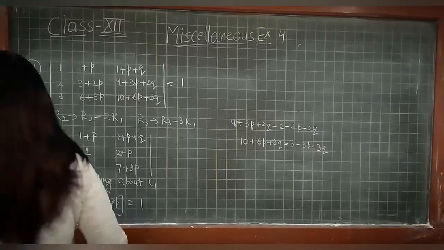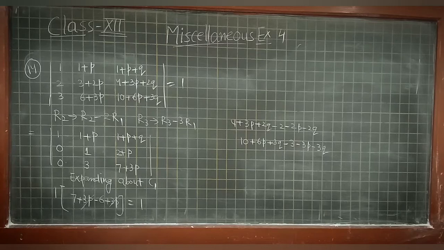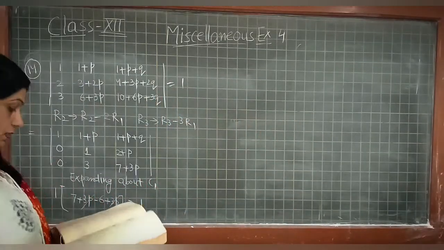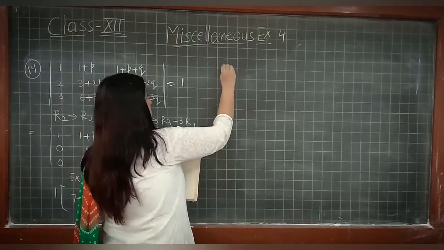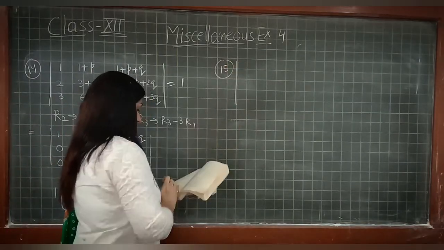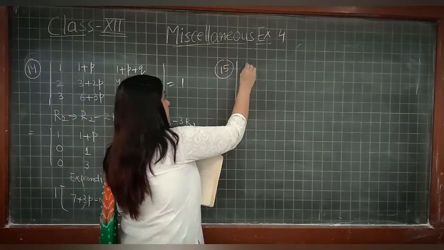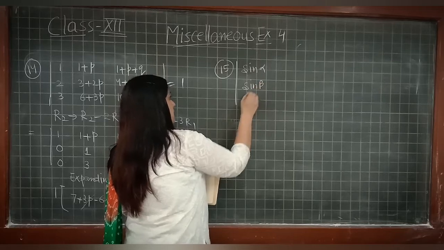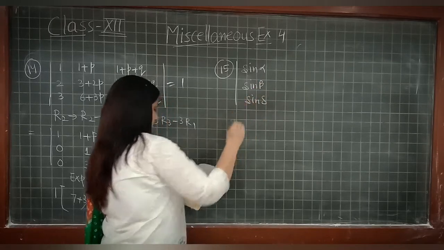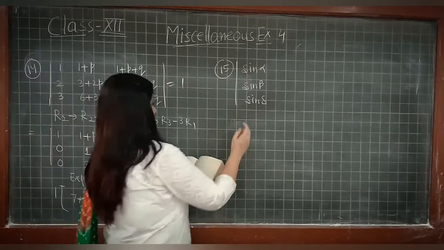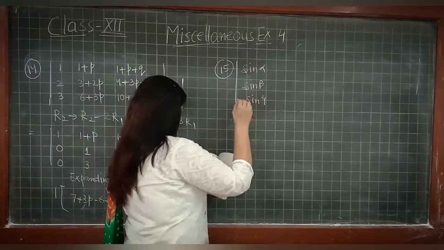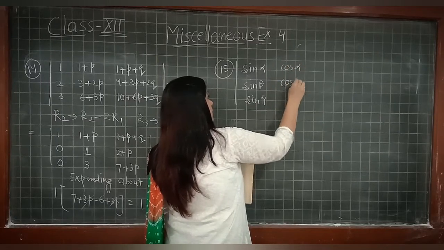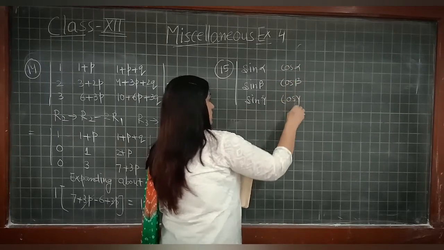Question number 15. So question number 15 is, now you have sin alpha, sin beta, sin gamma. Then cos alpha, cos beta and cos gamma.